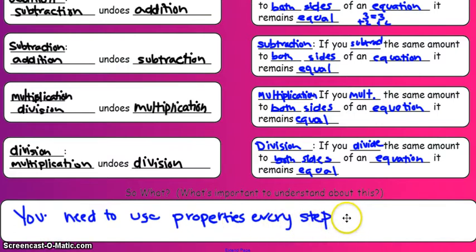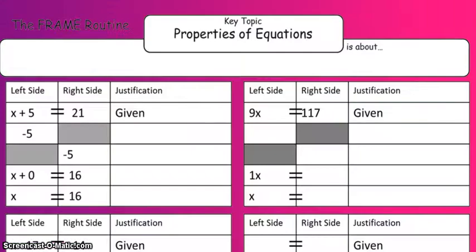You need to use properties every step of the way, every step in an equation. Sorry, that sounded goofy. Okay, so let's go to the back side. This we're actually going to cross out. That was a misprint.